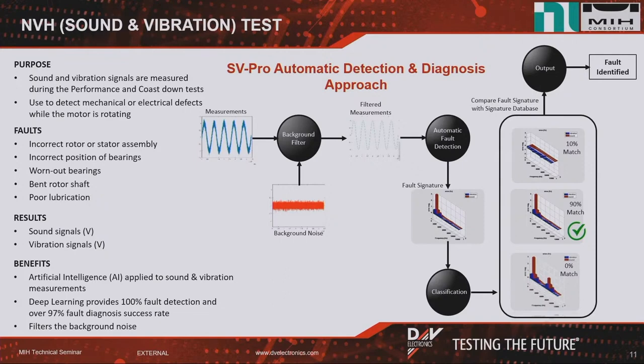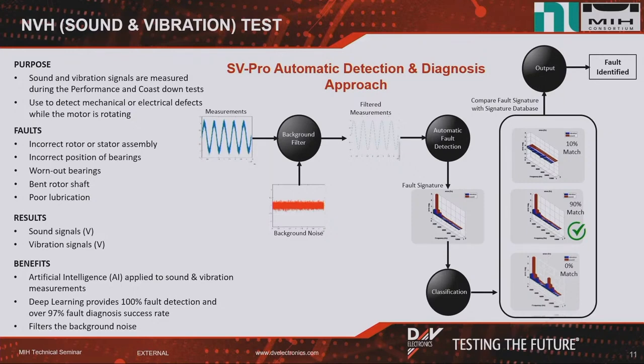And done properly with adequate amount of sampling, the artificial intelligence algorithms that are applied to the sound and vibration measurements, we've seen that you can detect faults almost 100% of the time, and then with a success rate of over 97%.